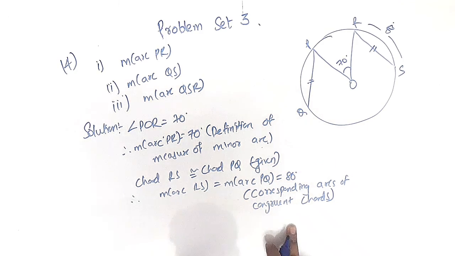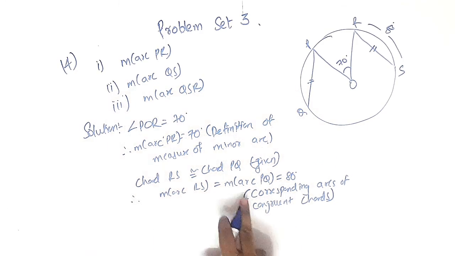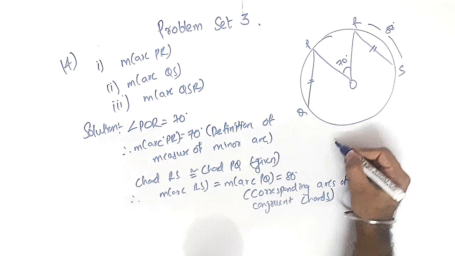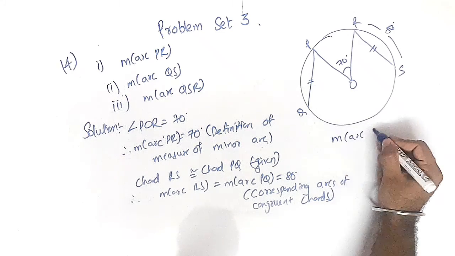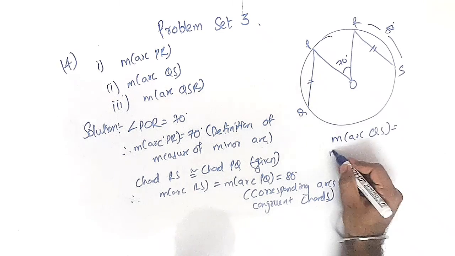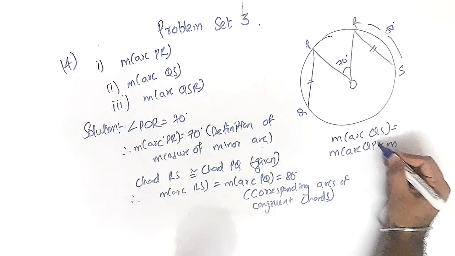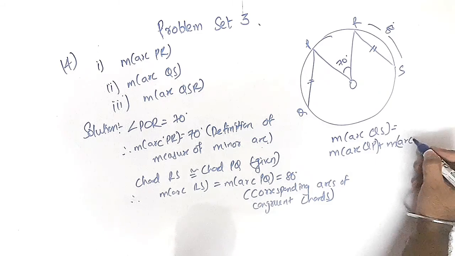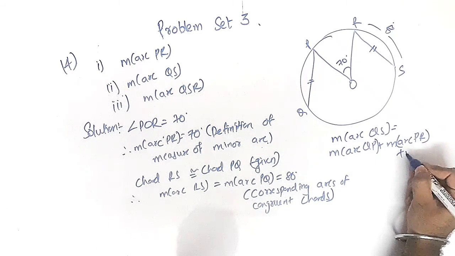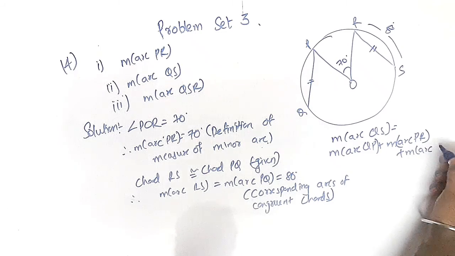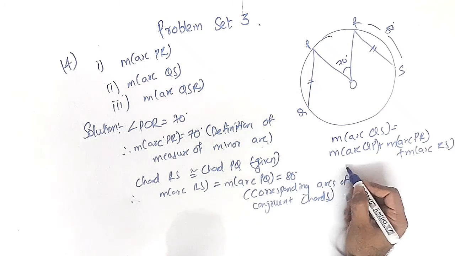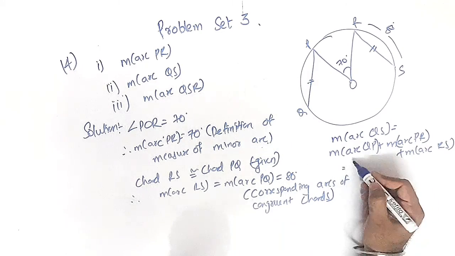Now because this is equal to 80 degrees, measure arc QS is equal to measure arc QP plus measure arc PR plus measure arc RS. This is called the arc addition axiom.